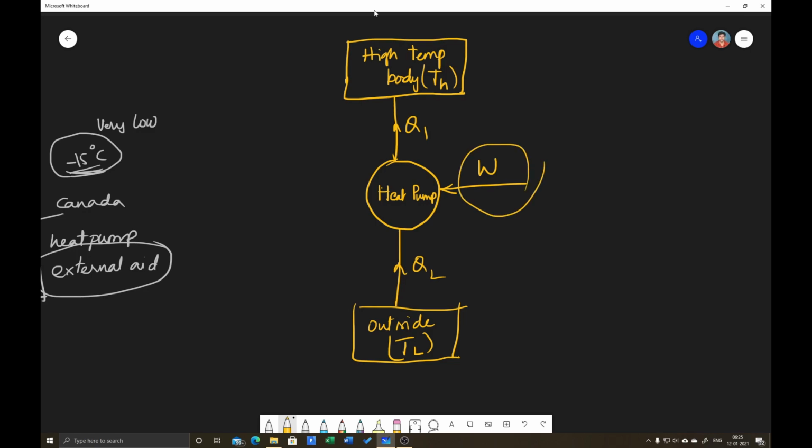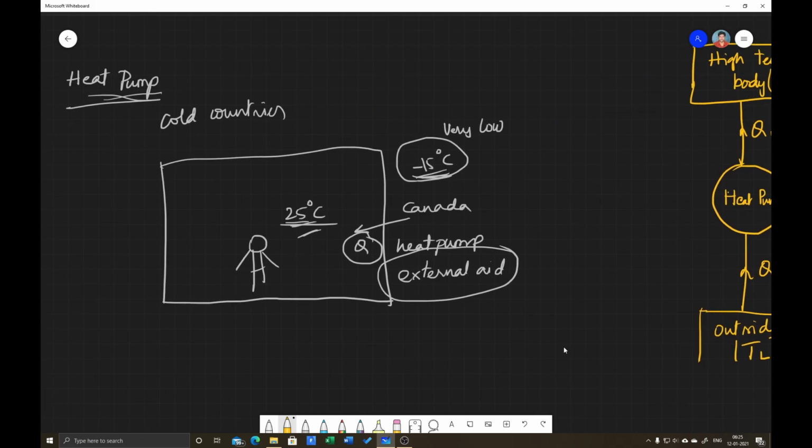So by using this external aid, we are transferring heat from a lower temperature body to a higher temperature body. Generally, if it is the atmosphere, we will leave this open; we only draw 3 lines like this. If it is a closed space, we will close this.